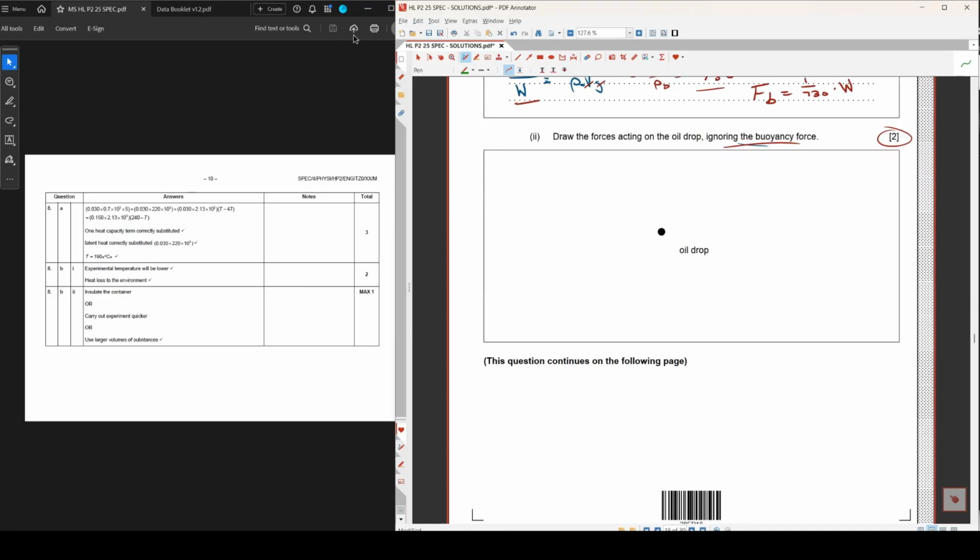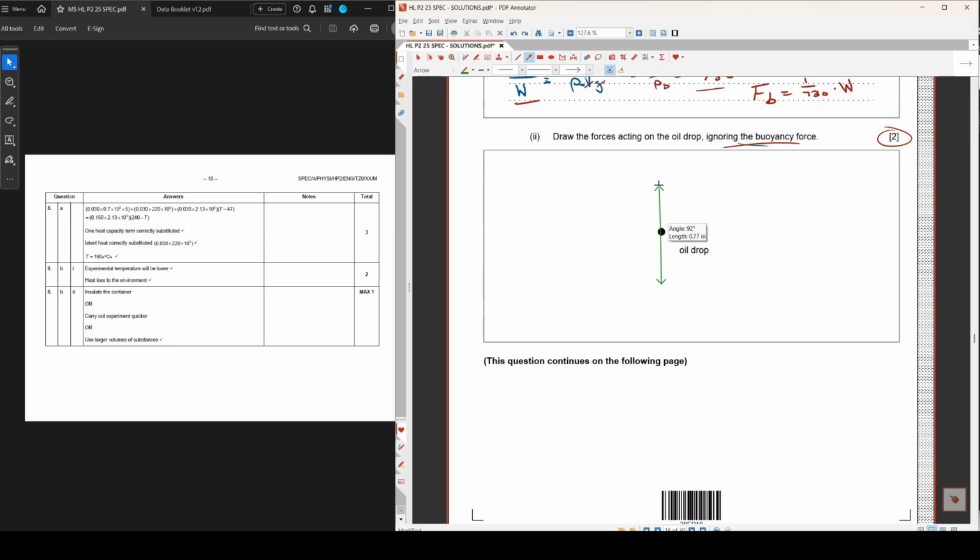So I need to draw that I know that there's definitely weight. There's a force due to gravity pulling down on the droplet here. And I'm going to draw that as a vector straight down. And I'm going to label it with a W or an FG. And there's also an upward force, which is an electric force. And I want to show that that's upwards.